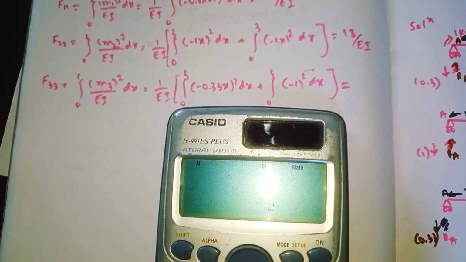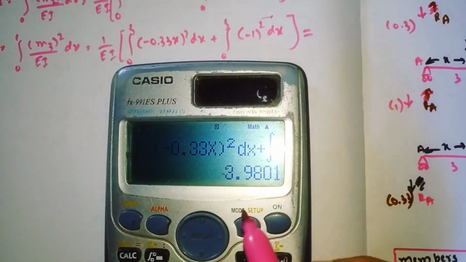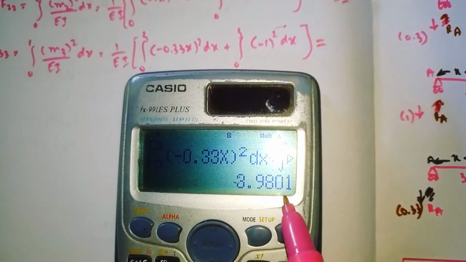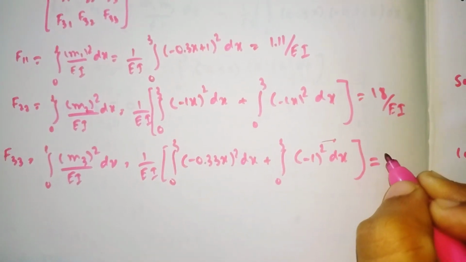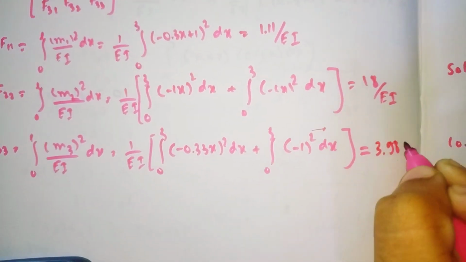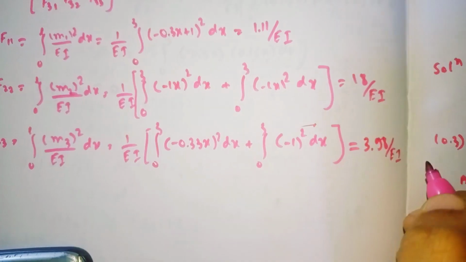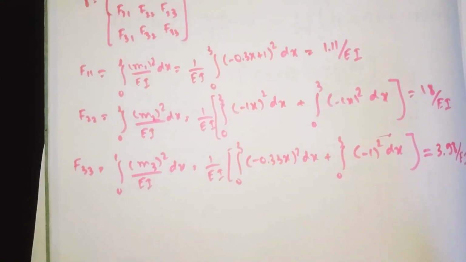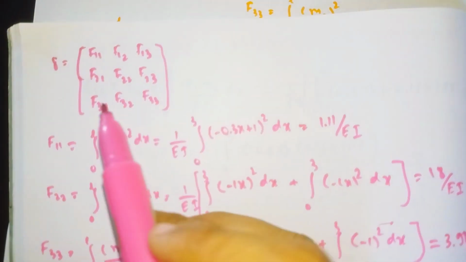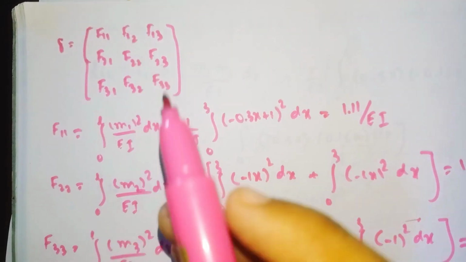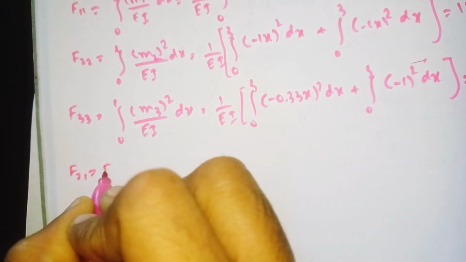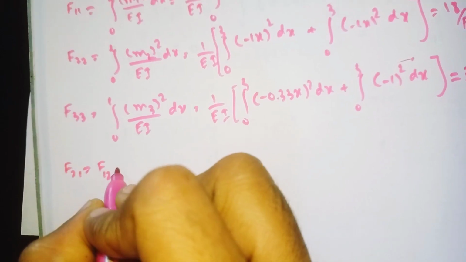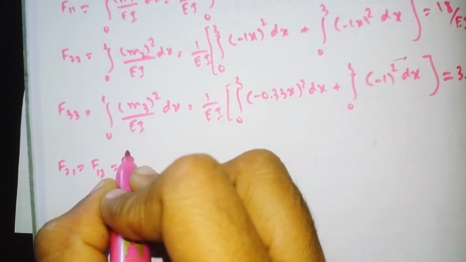So our F33 will come out as 3.98. So the F33 value will be 3.98 divided by EI. So similarly, we need to calculate for F21 and F12. So F21 is equal to F12. We have a similar formula for these two.